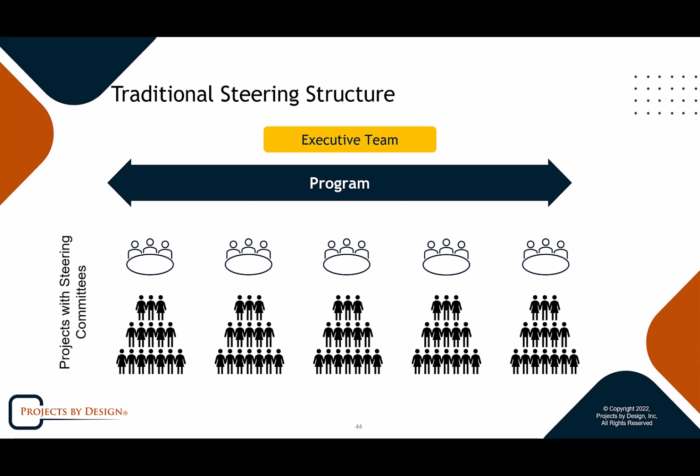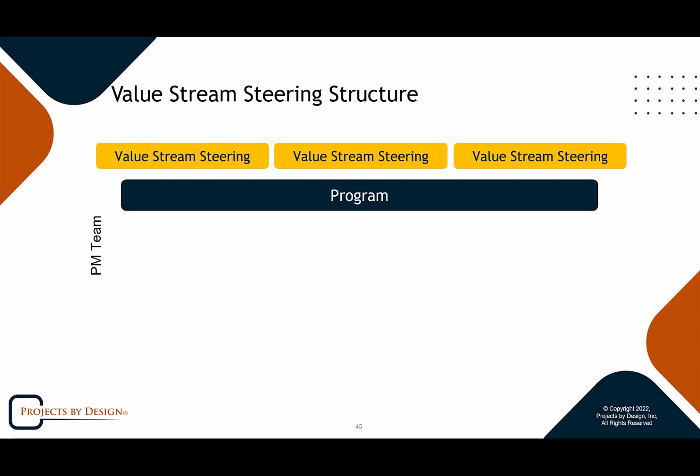Okay, let's go ahead and take a look at what that steering structure may look like with a value stream. If you move steering up to the value stream level, then all of that politics happens there.